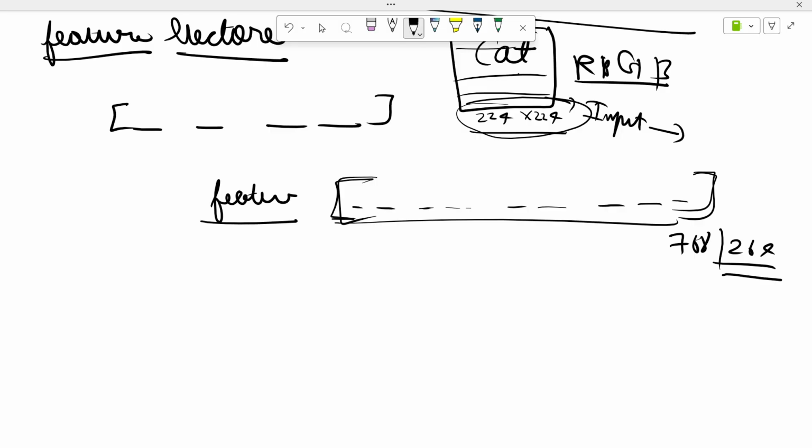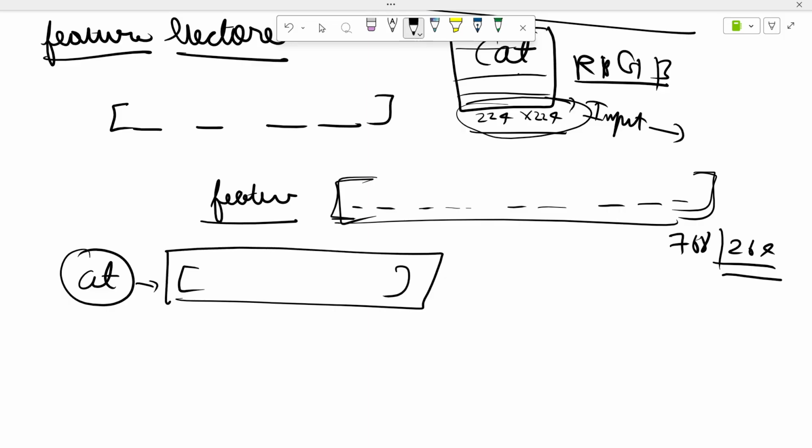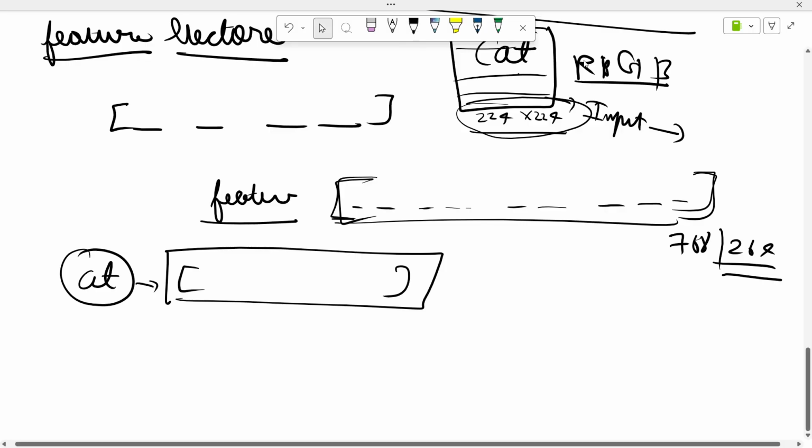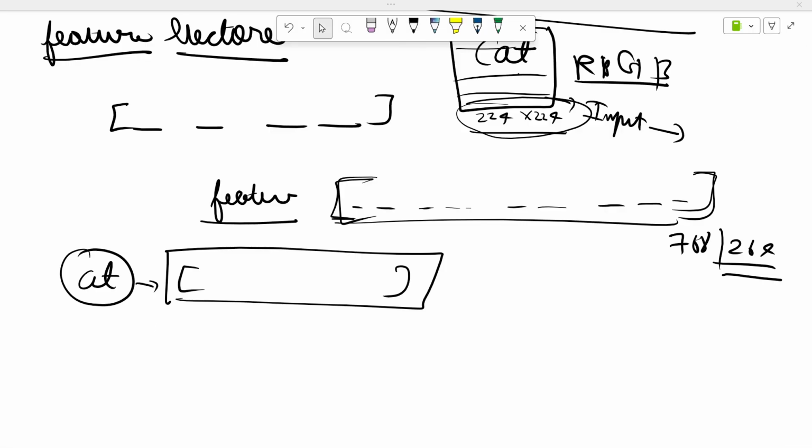So this is a feature vector of a cat image, or there can be the word cat also. For the cat word token, a corresponding embedding vector is also there. This is also known as a feature vector, which is a numerical representation of an entity, whether it is a word, image, or any real world data. That is the feature vector of that particular thing.